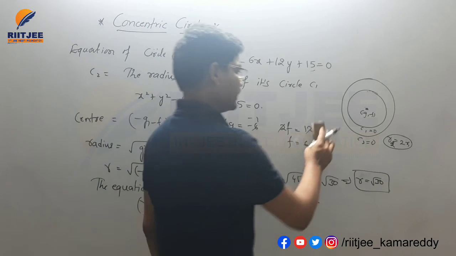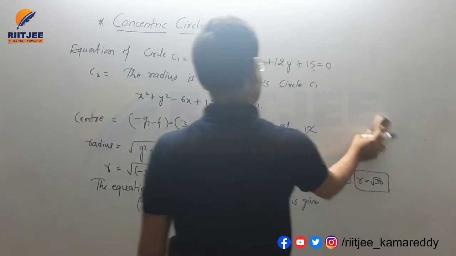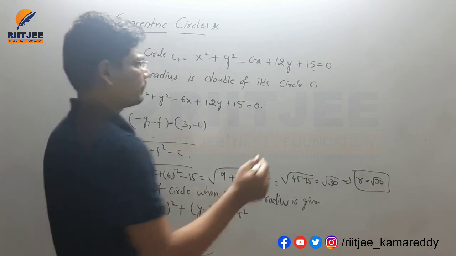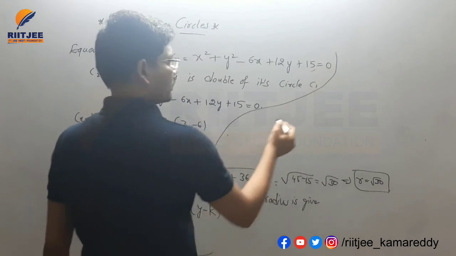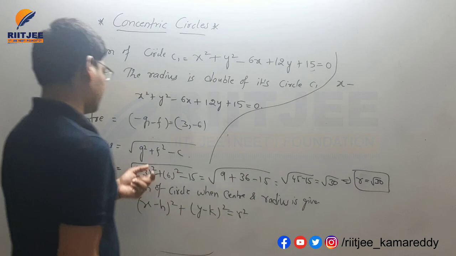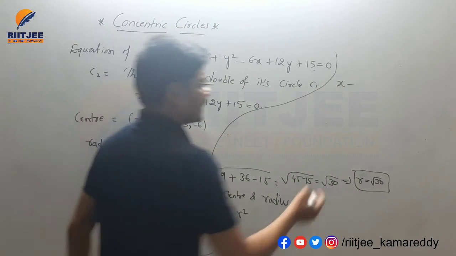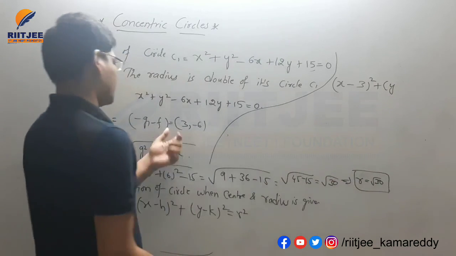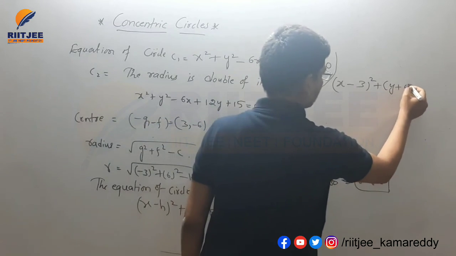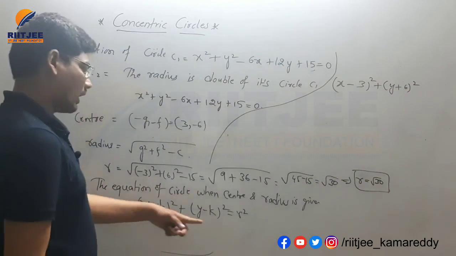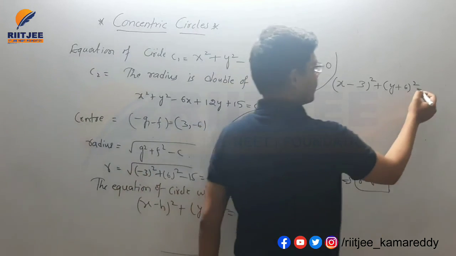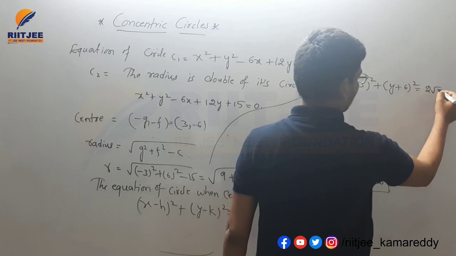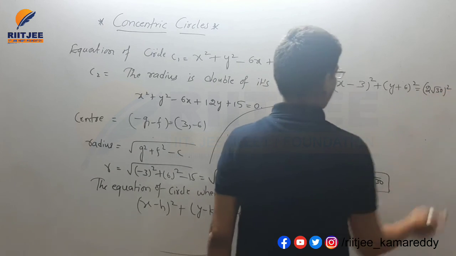Let's substitute the values here. x minus 3 whole square plus y plus 6 whole square is equal to r square, where r is double of root 30, that is 2 into root 30 whole square.